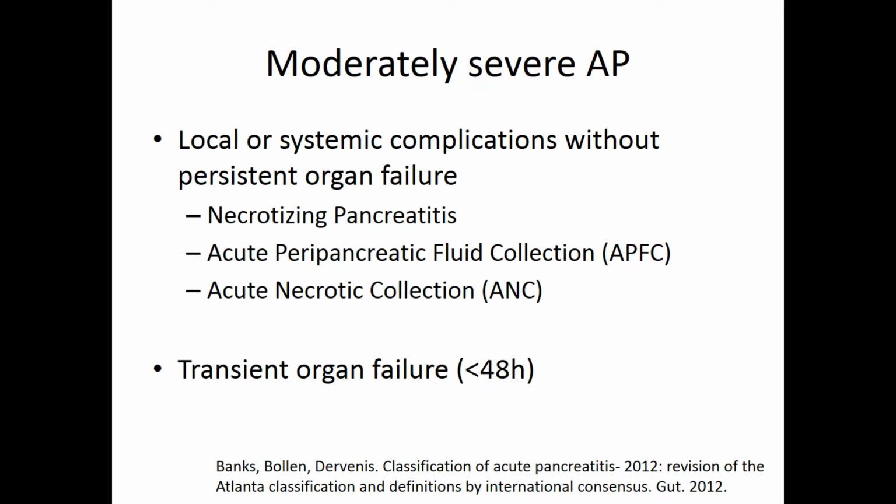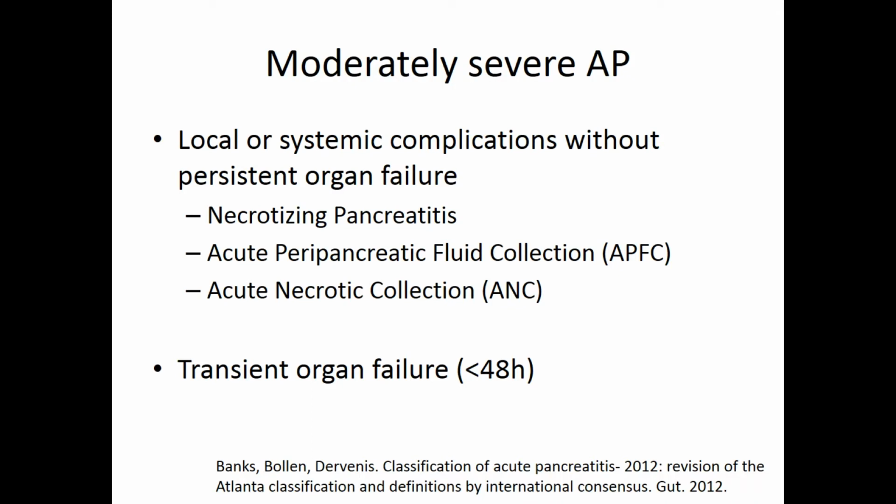We consider moderately severe acute pancreatitis based on the revision of the Atlanta classification as the presence of local or systemic complication without the presence of persistent organ failure, which is defined as organ failure lasting more than 48 hours. So a patient that has necrotizing pancreatitis may also have acute peripancreatic fluid collection.